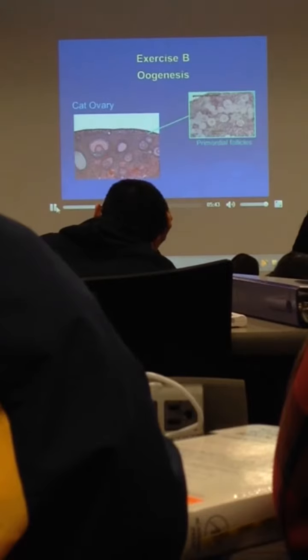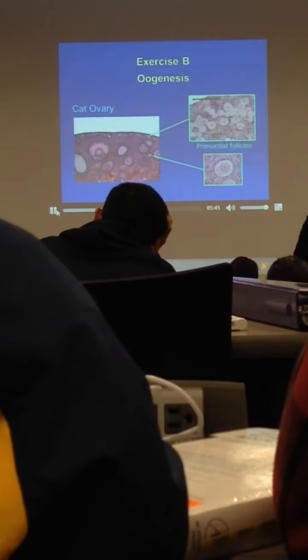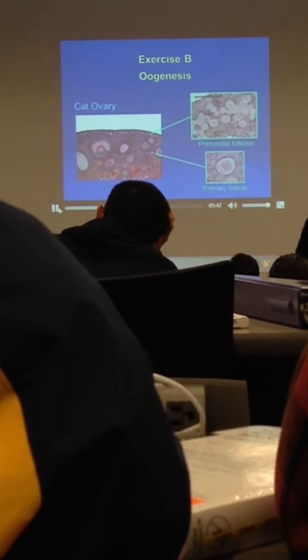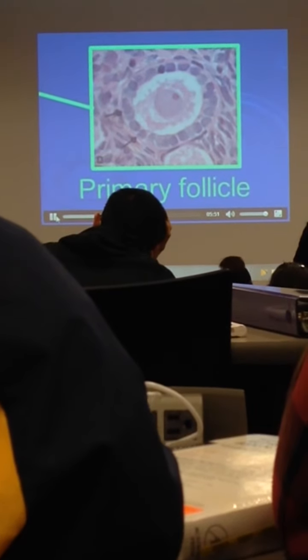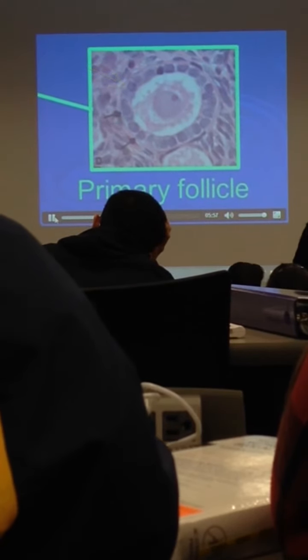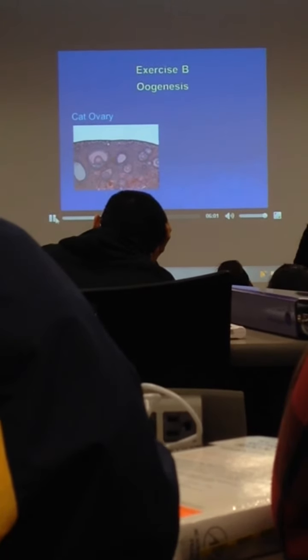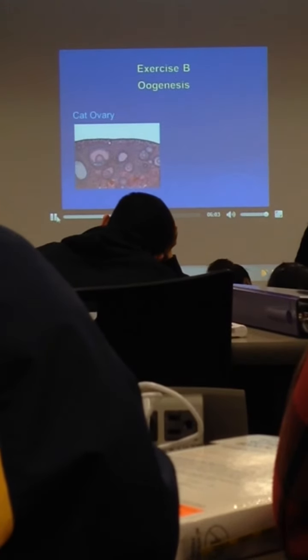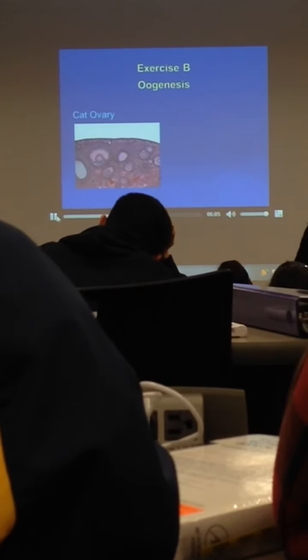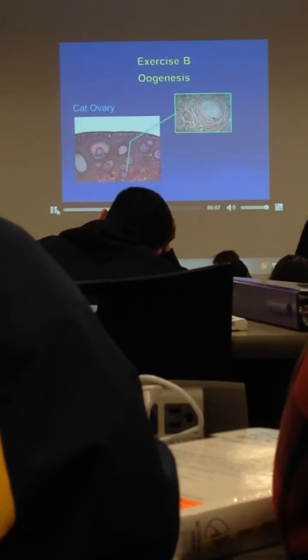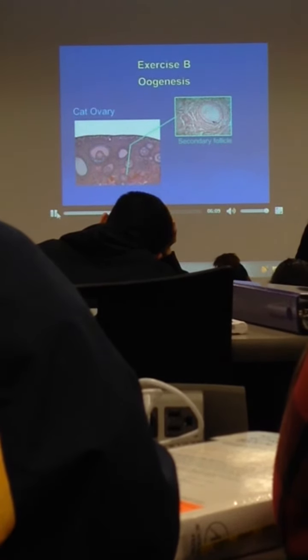Slightly larger follicles, like this one, are known as primary follicles. They differ from primordial follicles in that the primary oocyte is surrounded by a single layer of cube-shaped cells. If the primary oocyte is surrounded by two or more compact layers of cells, then the follicle is called a secondary follicle.